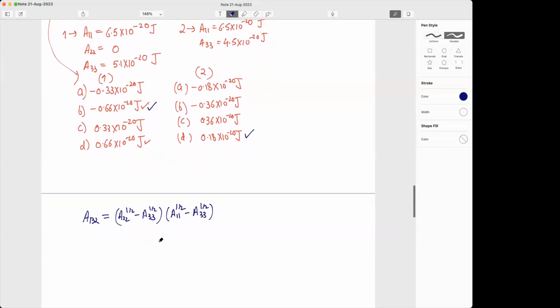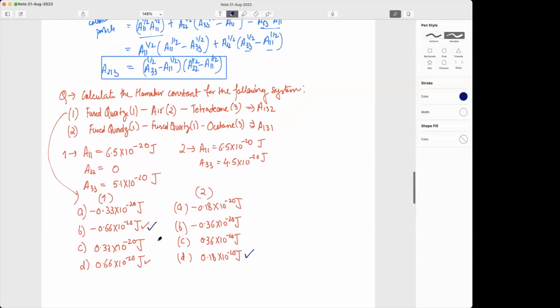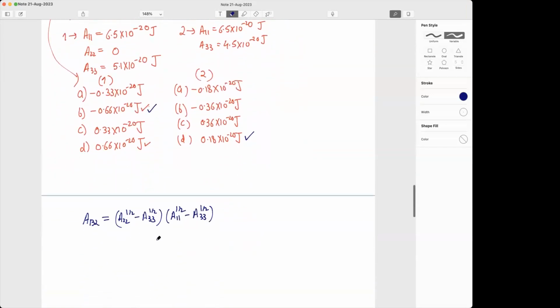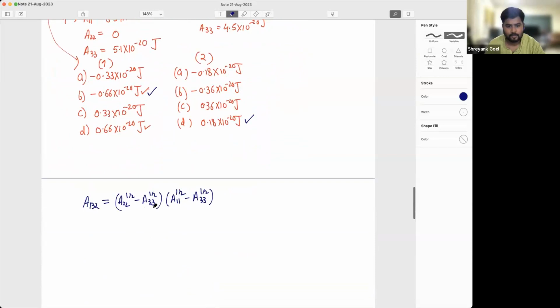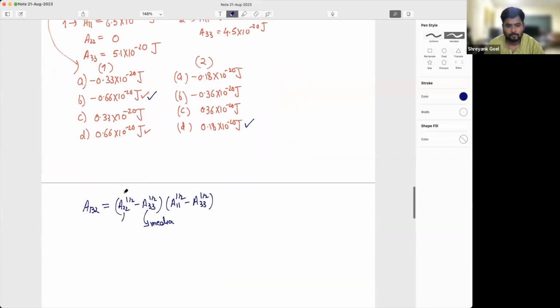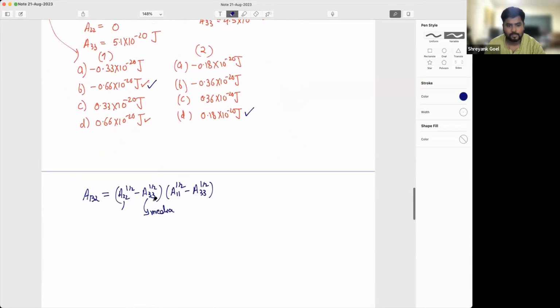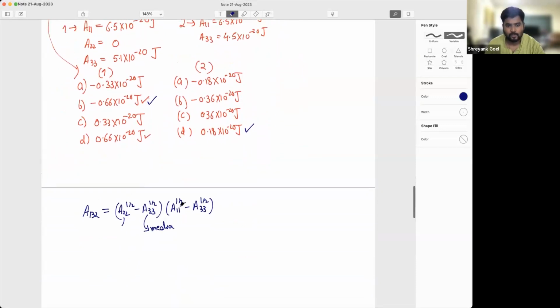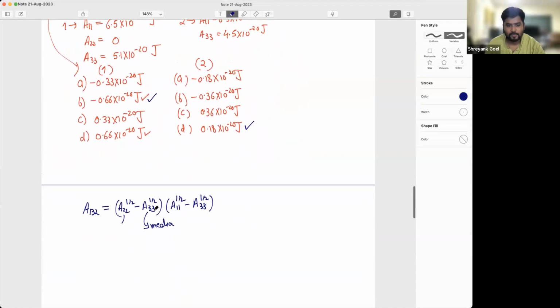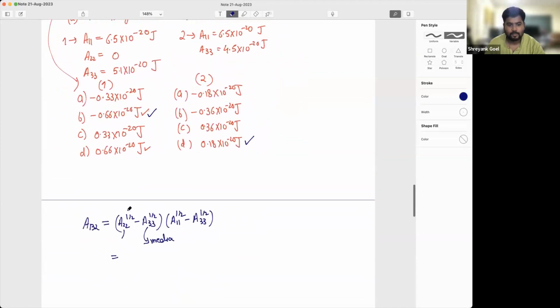Sir, the formula that you have given, I have arranged it in that way only. Okay, so here the media is 3, and we are looking at the interaction between 2 and 1 in a media that is 3. Okay, so this is correct.